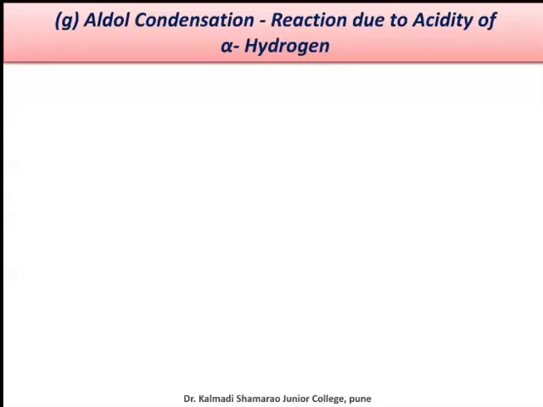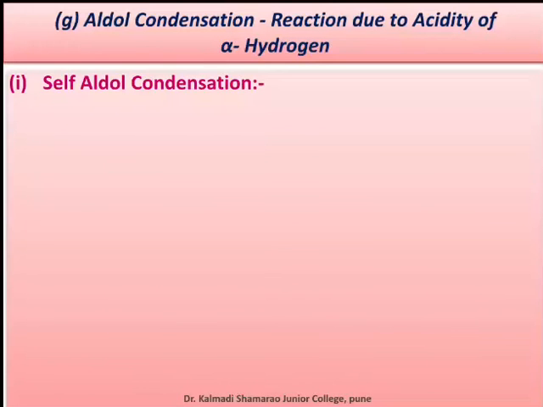The next reaction we will talk about is the aldol condensation reaction. This reaction is based on the acidity of alpha hydrogens of aldehydes or ketones. There are two types of aldol condensation, self-aldol condensation and cross-aldol condensation.